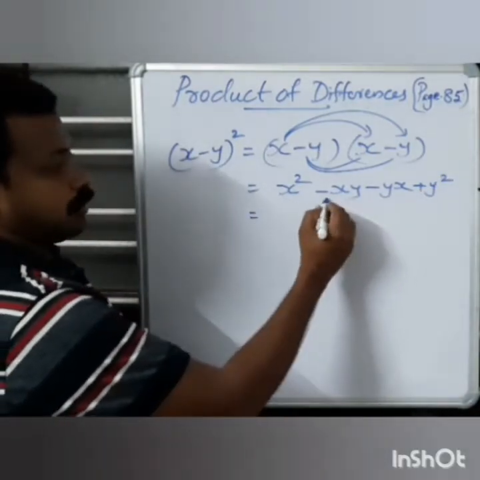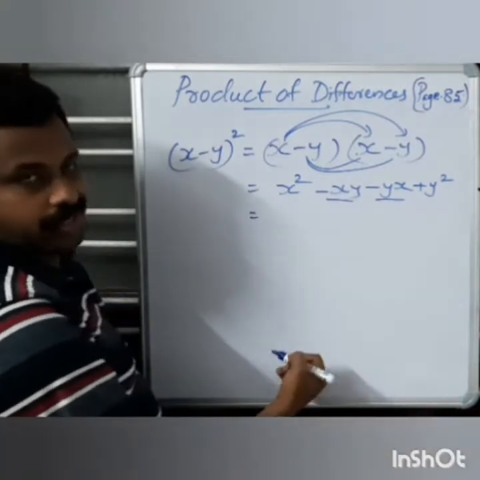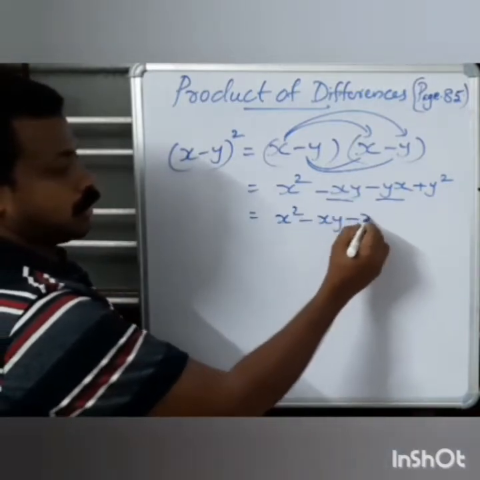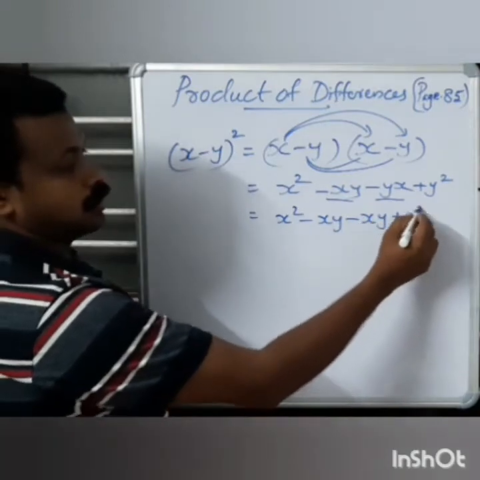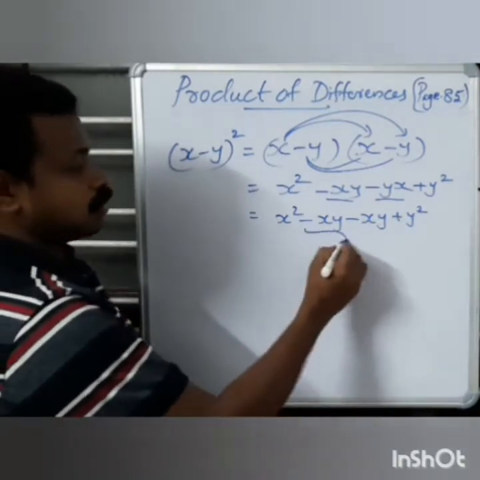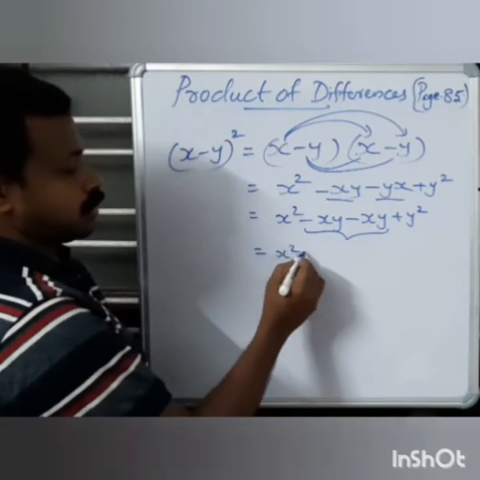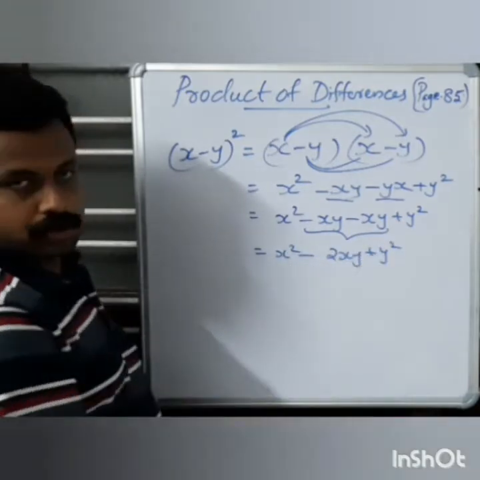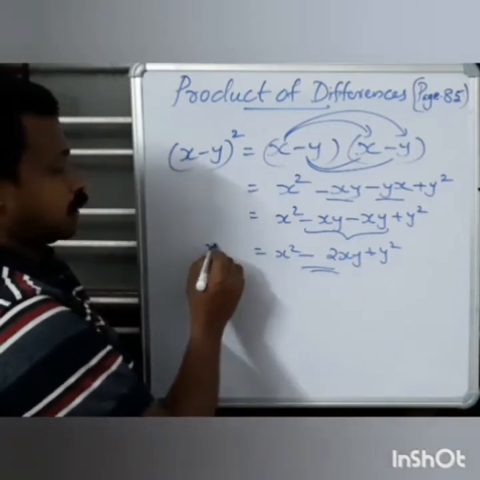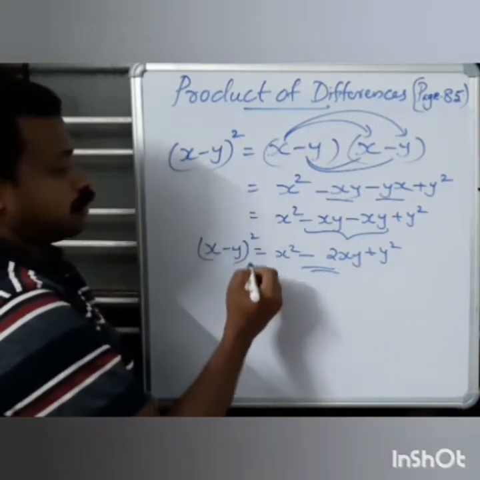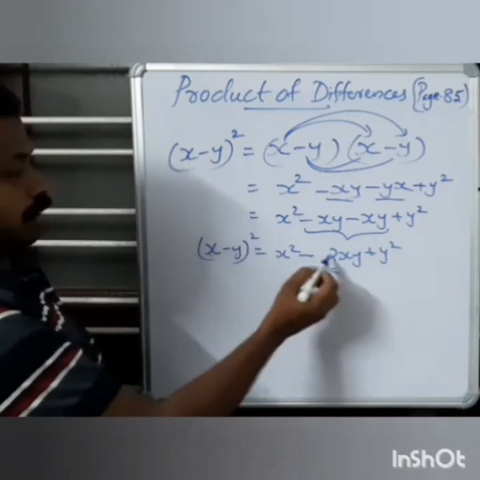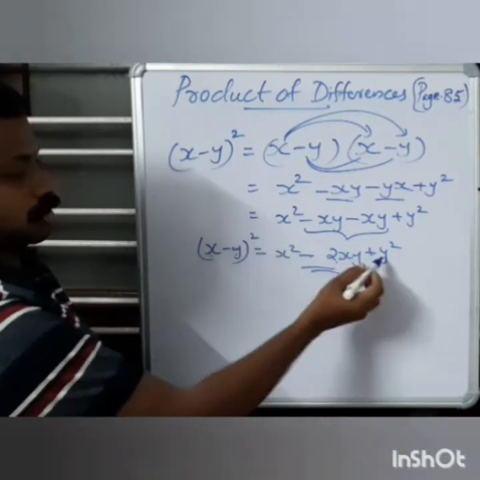This is same, minus xy and minus yx, that is same only. So x square minus xy minus xy plus y square. So this together we can write x square minus 2xy plus y square. So x minus y, the equation is x square minus 2 into x into y plus y square.